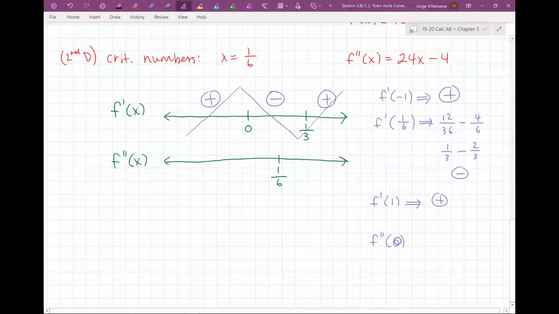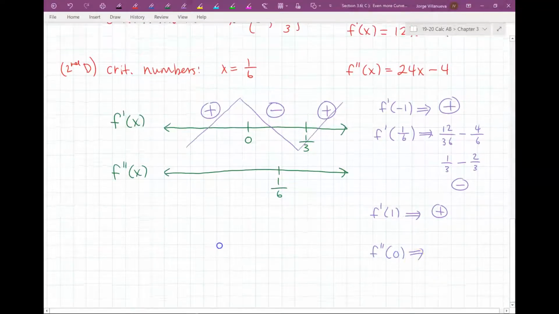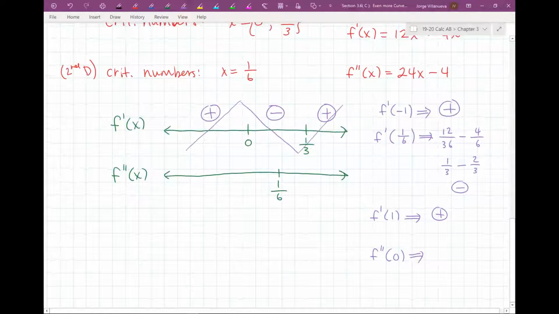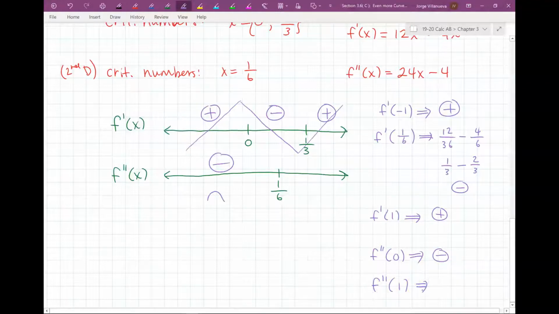F double prime of 0. What do I get? Negative, right? This will be negative, so concave down. And then what about a 1 for my second derivative? That'd be a positive, so this is concave up.